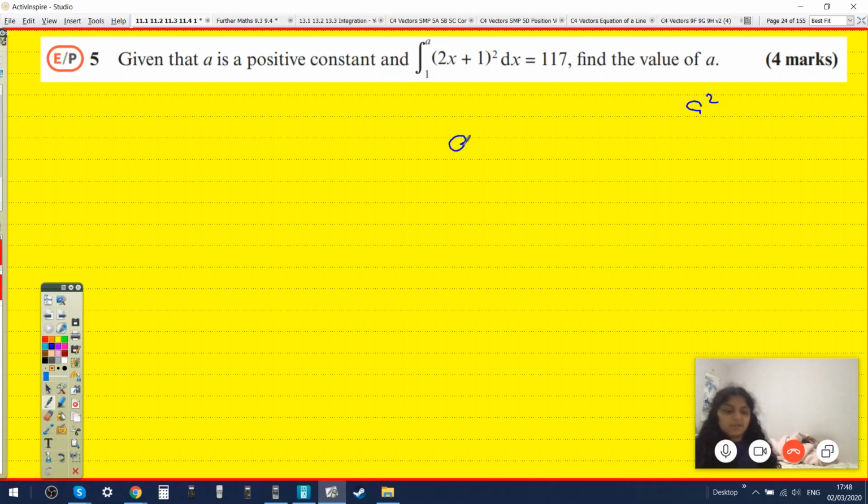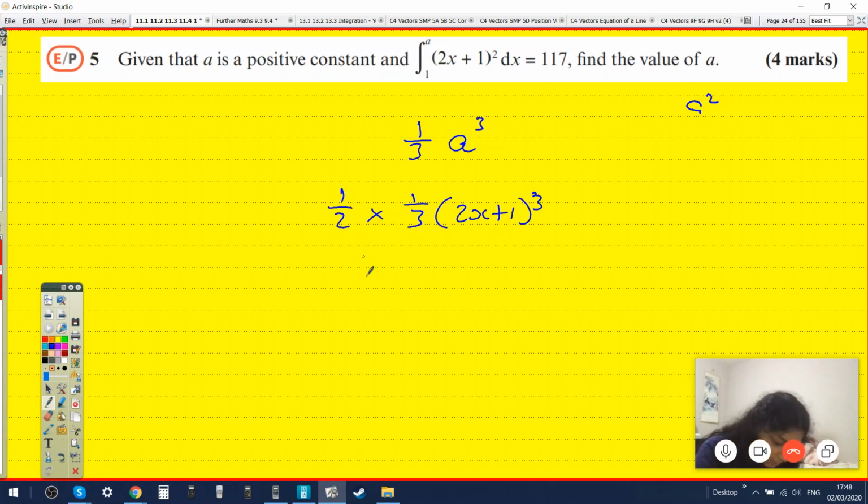A cubed over 3. So it'll be 1/3 a cubed, and then that is actually 2x plus 1, and so what do you have to do next? Multiply by 2. You're thinking of multiply by half. Yeah. Why do I keep doing this to myself?